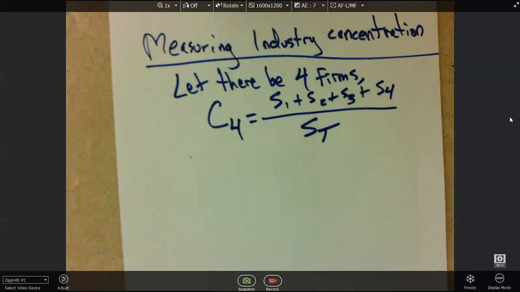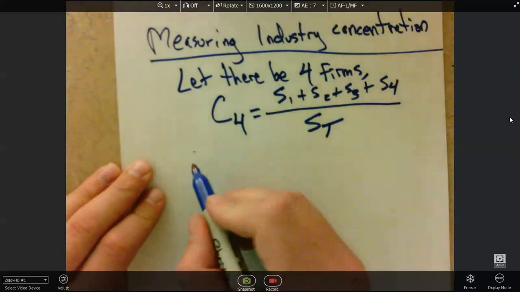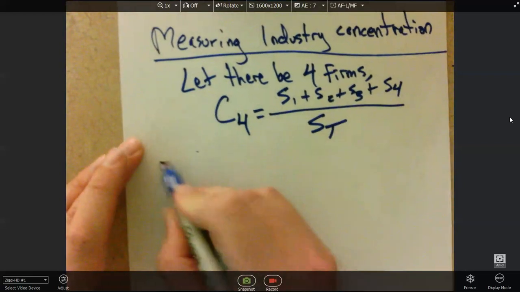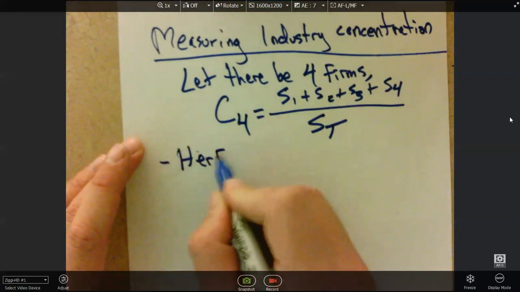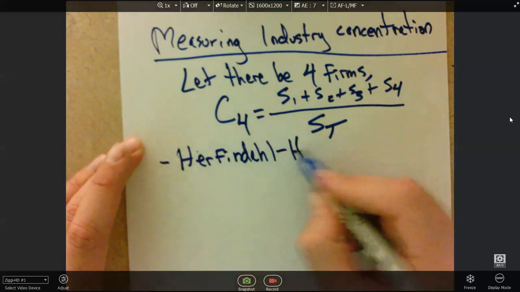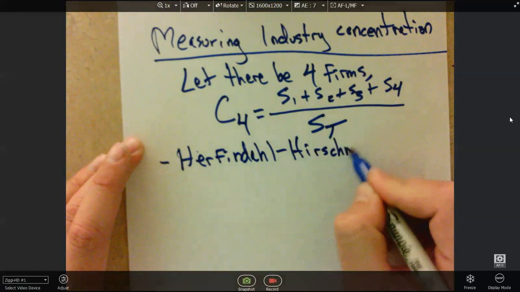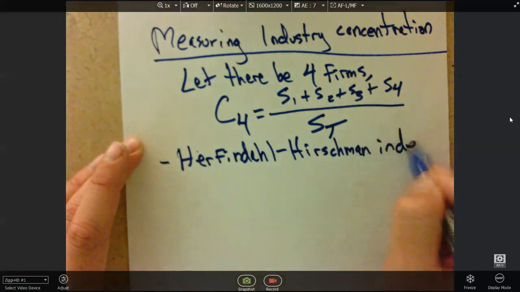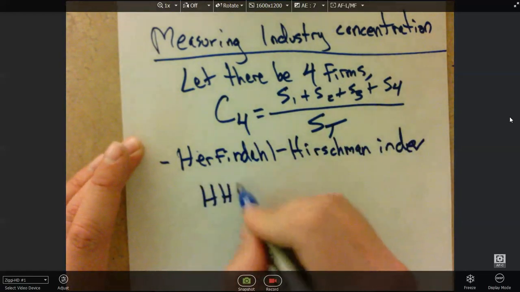And there's a specific index that we will get lots and lots of practice using. The Herfindahl-Hirschman index, also known as the HHI.